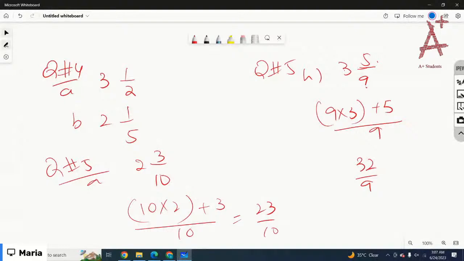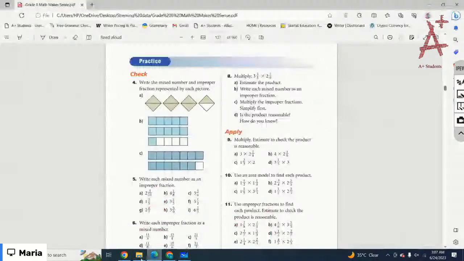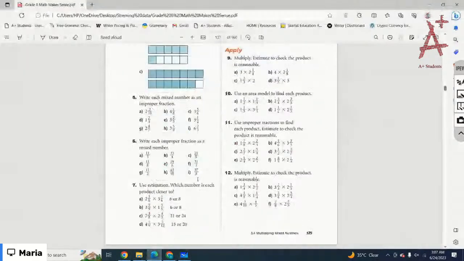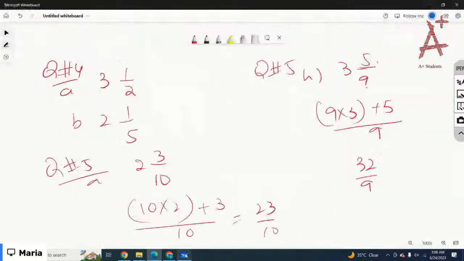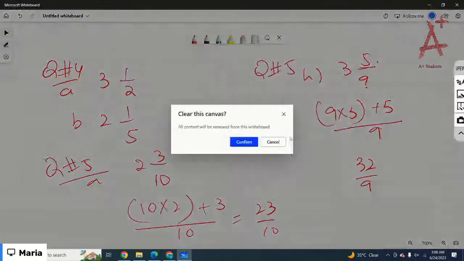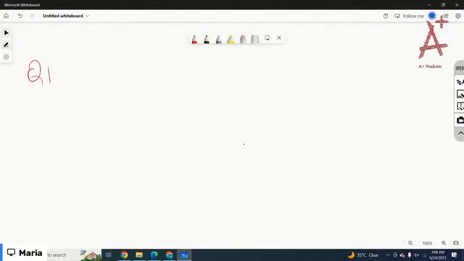Let's move on to question number 6. Each improper fraction is a mixed number. Now you are given improper fractions, and you have to write them as mixed numbers. Question 6a, 11 over 3.